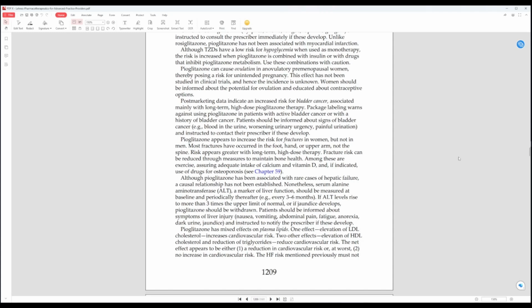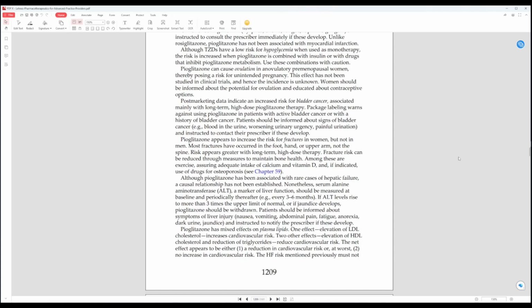Although pioglitazone has been associated with rare cases of hepatic failure, a causal relationship has not been established. Nonetheless, serum alanine aminotransferase, or ALT, a marker for liver function, should be measured at baseline and periodically thereafter, every 3 to 6 months.